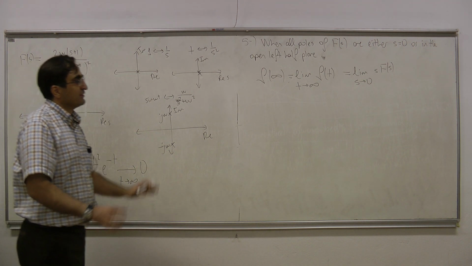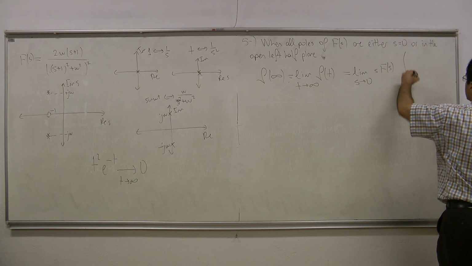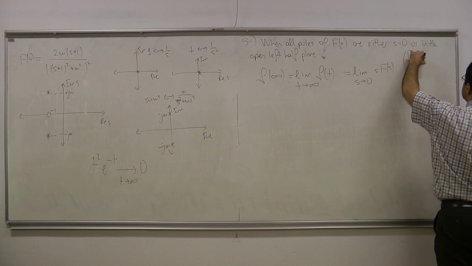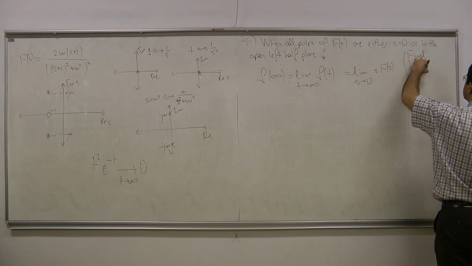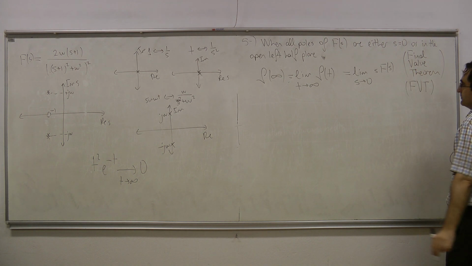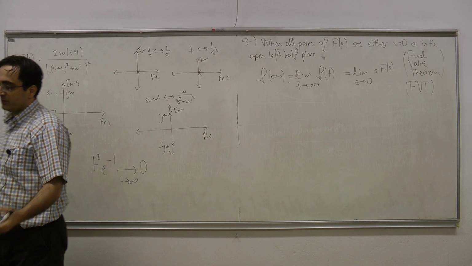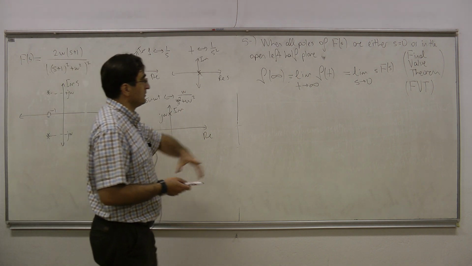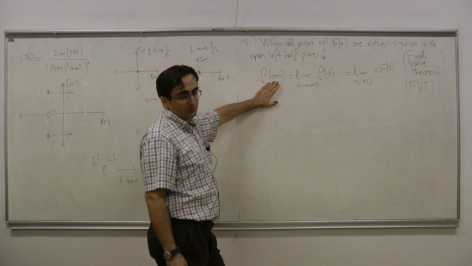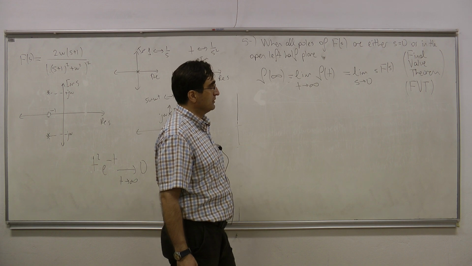So I will first spend some time explaining this property. In mathematics, this property is called the final value theorem, FVT. The name is obvious. It is the final value of the function. The value of the function as time goes to infinity is called the final value of this function.